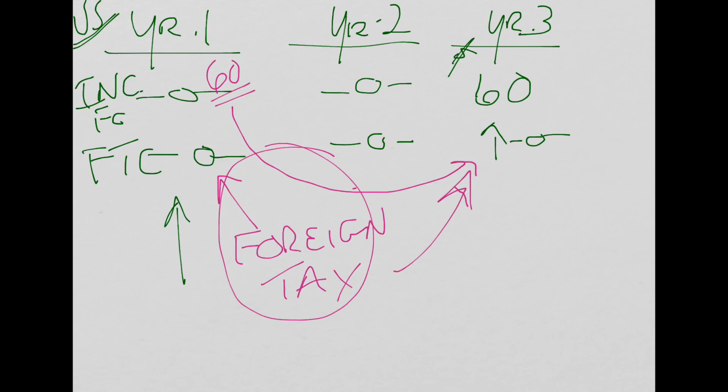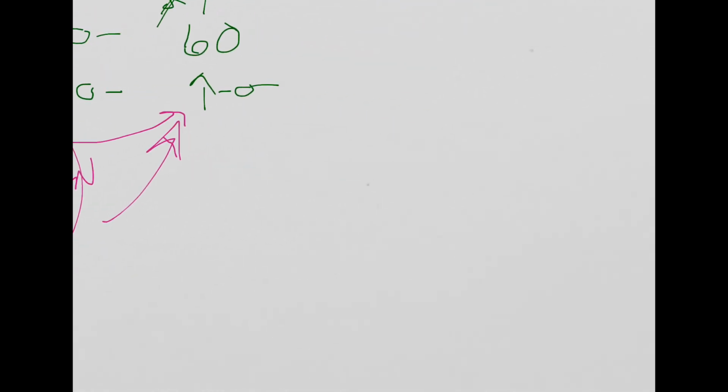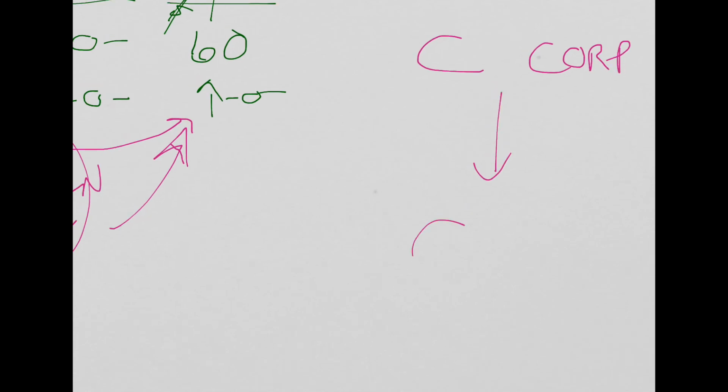You may think of this even better if you think back to the dividends received deduction of C Corps. C Corps in the United States, they own other C Corps that are U.S. corporations, and these are double taxed entities, so they're 2x, meaning 2 times taxed.